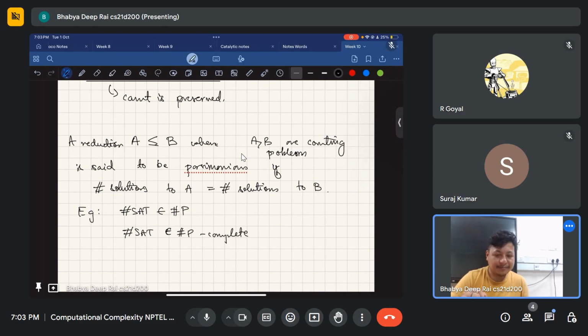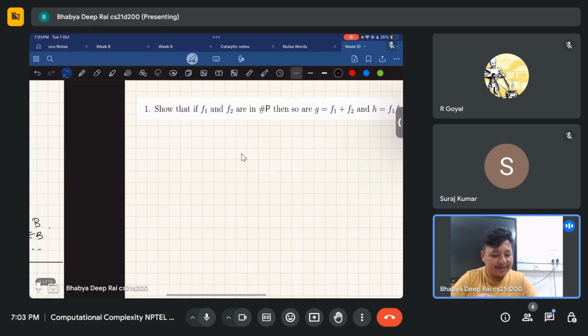Maybe it's a good question to pursue whether all #P complete problems can be reduced parsimoniously to each other and so on. And there are examples where the given reduction is not parsimonious, but it can be converted into a parsimonious one. But that is about parsimonious reductions.